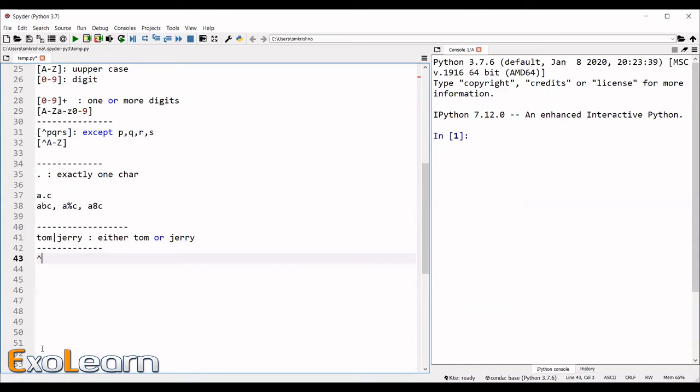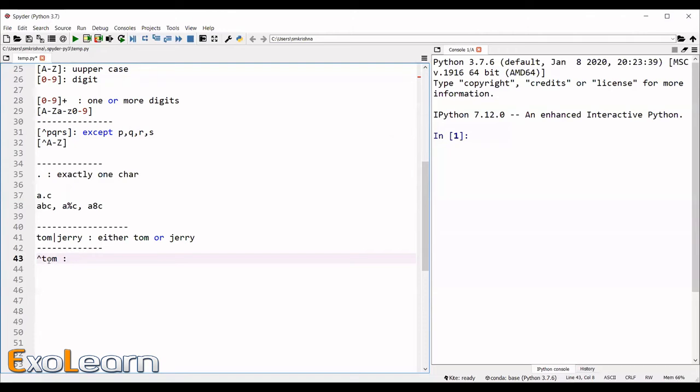Then the caret symbol. Already we have discussed the caret symbol, but that was included inside the square bracket. Caret symbol inside the square bracket gives the meaning of negation. Except the listed characters, everything else is allowed. But when I am using the caret symbol without square brackets, suppose I am saying caret Tom, it stands for the position where the pattern has to be found.